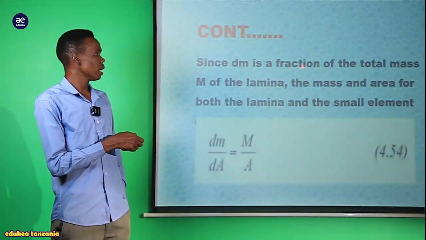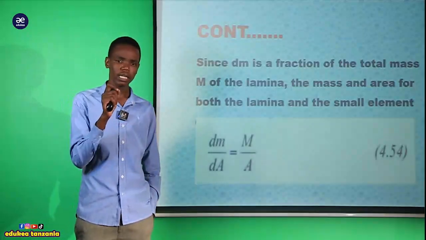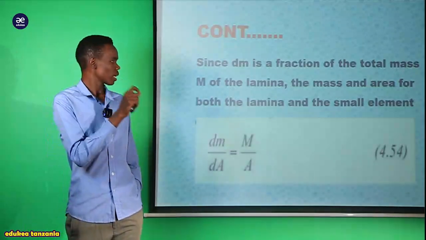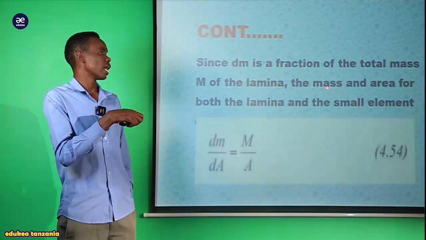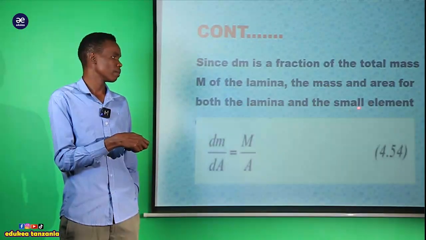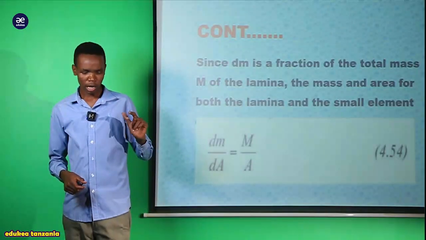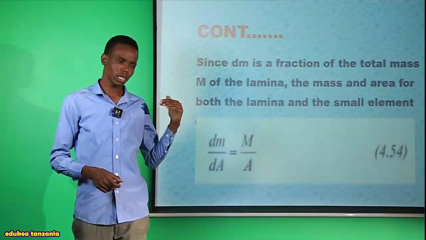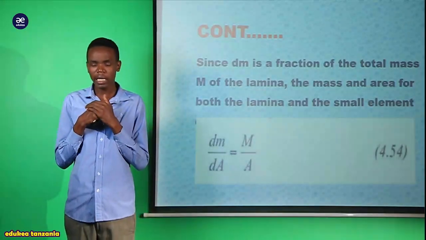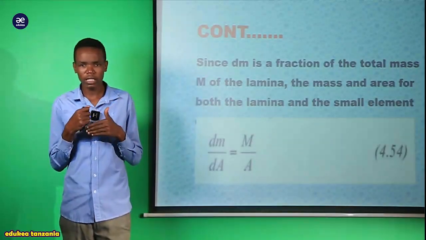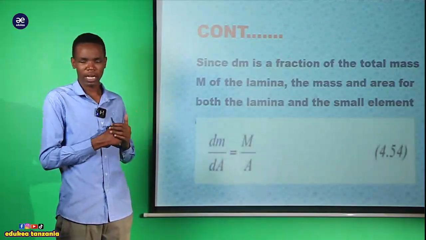Since dm is a fraction of the total mass, dm represents the fraction of the total mass M of the lamina. Now the mass and the area of both the lamina and the small element can be represented like this. Since we started this topic, dm always represented a fraction of the mass M of the lamina.